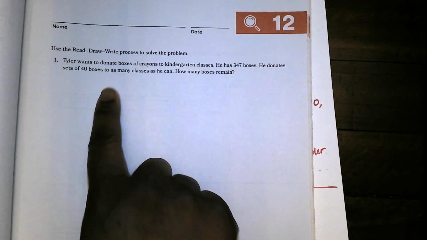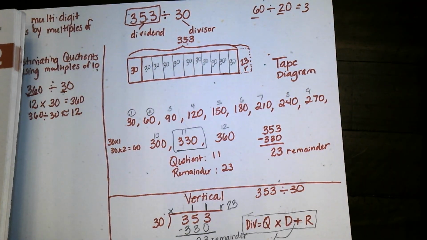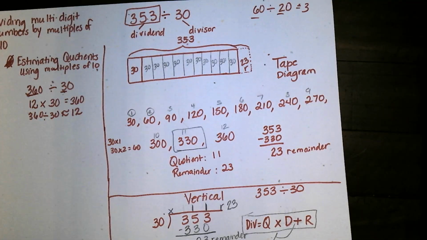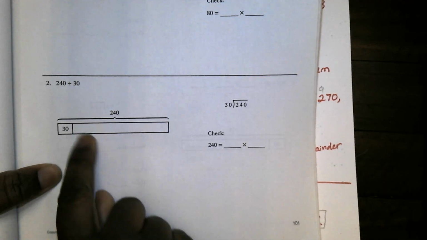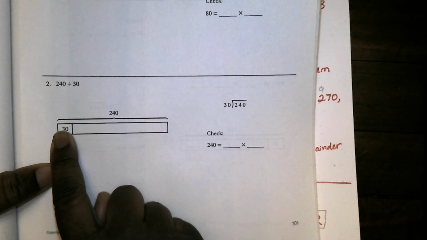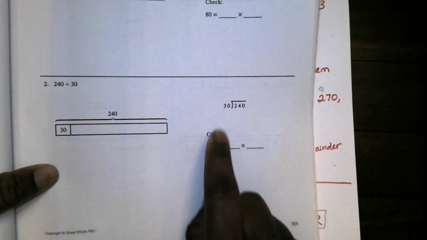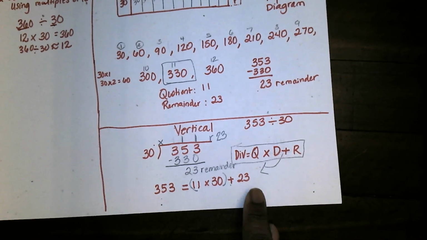That's where they had to solve it using the tape diagram, and then solving it that way. Then when they got to these problems like this, it actually started them off with a tape diagram with how much is in a set, and they have to finish that off, use the vertical method, and then also check it with that strategy right there.